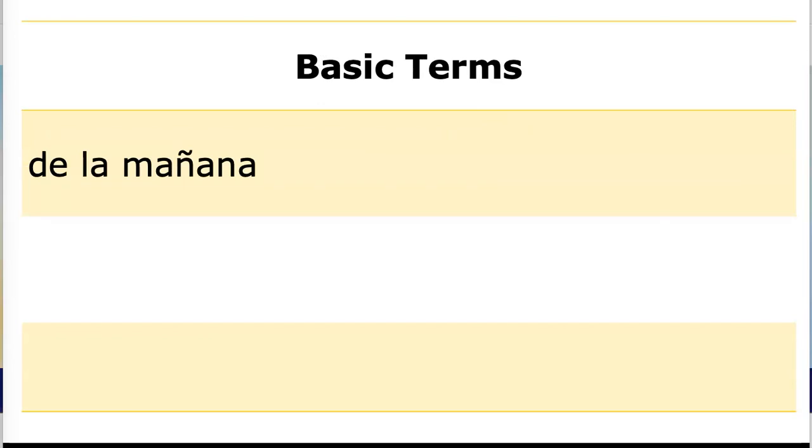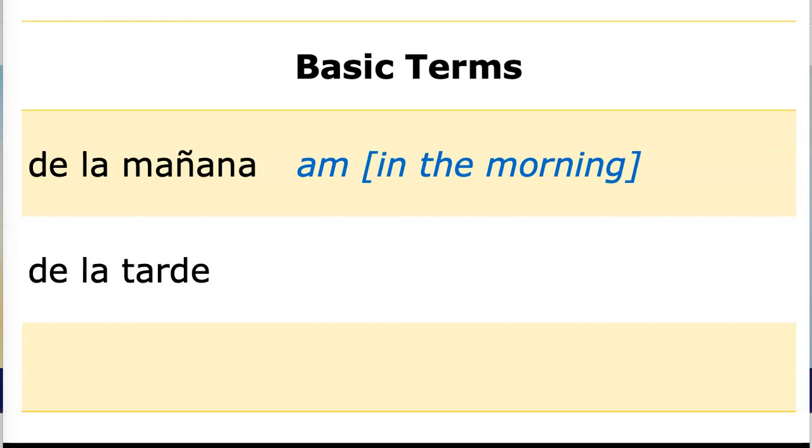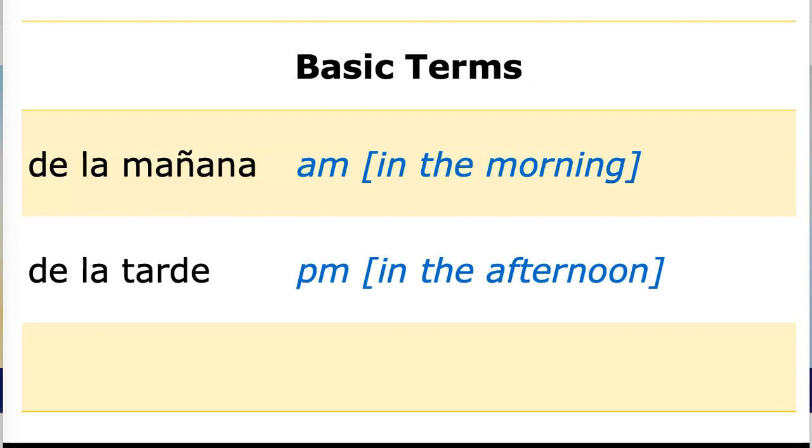More basic terms, de la mañana. What does that mean? It means a.m., literally in the morning. De la tarde, p.m., or in the afternoon. And remember, the line between afternoon and evening is a fuzzy one.